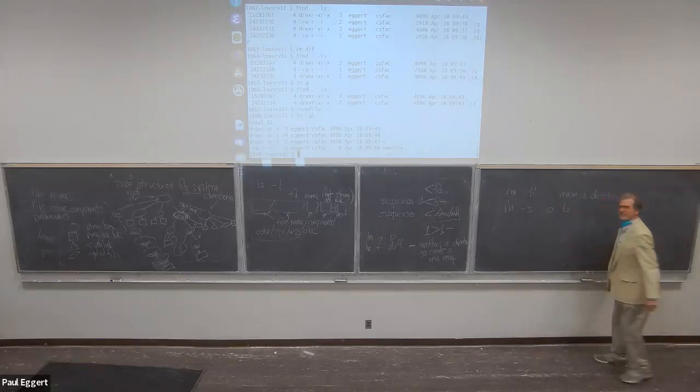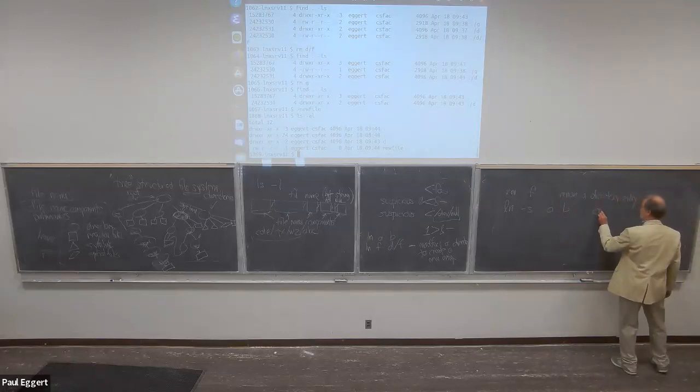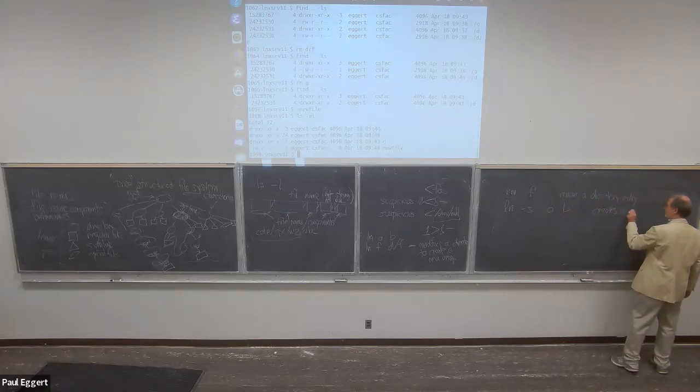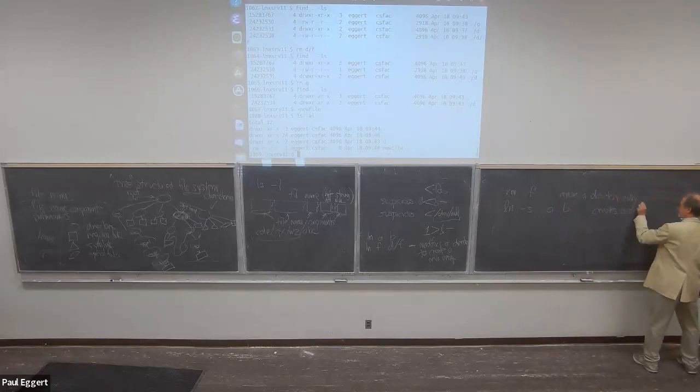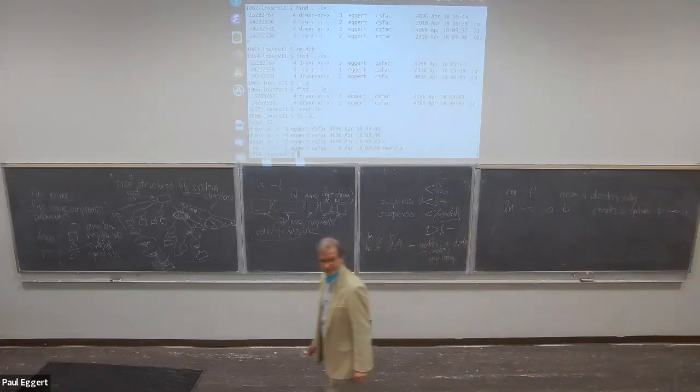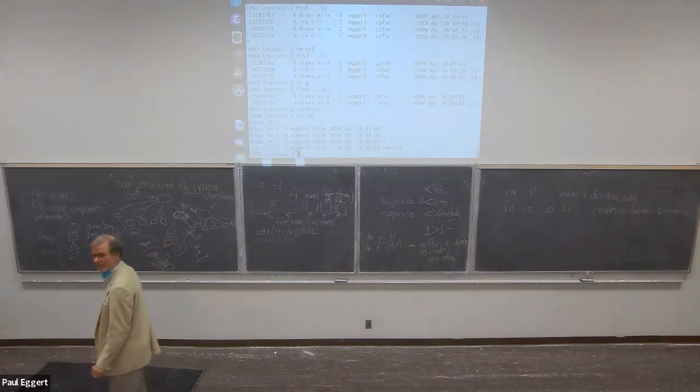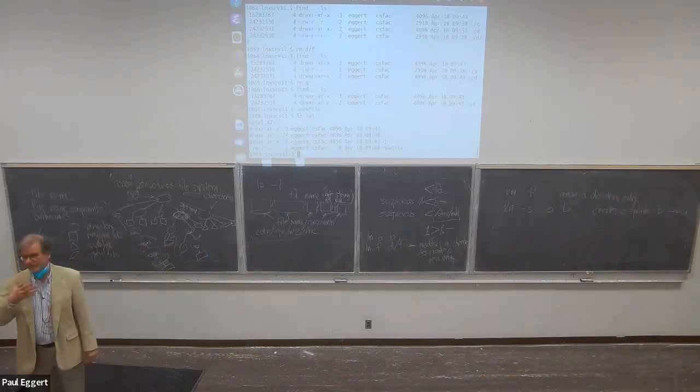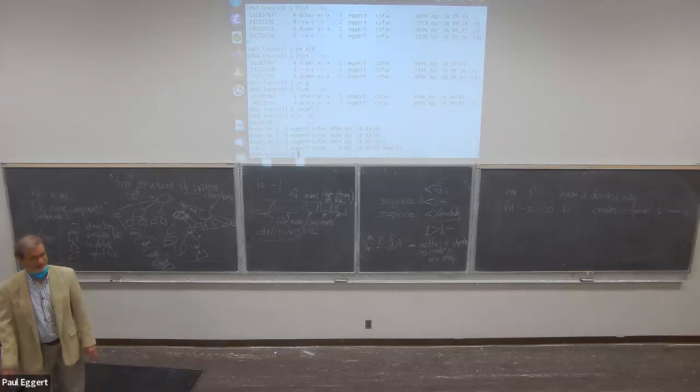When you type ln -s A B, again, you're just modifying the directory. But this creates a symbolic link, B, that points to A. And it'll point to A regardless of whether A exists. We're just creating a file whose contents is another file name.